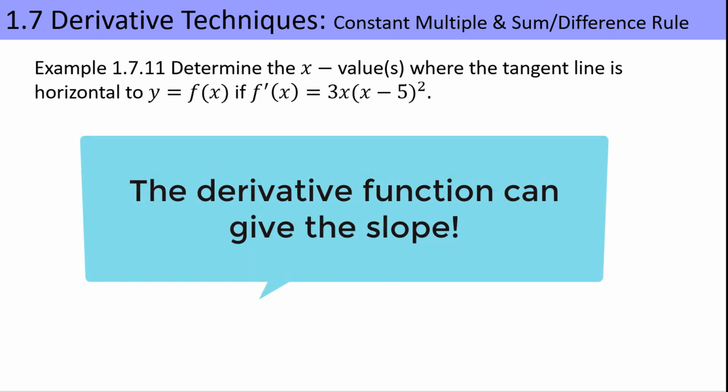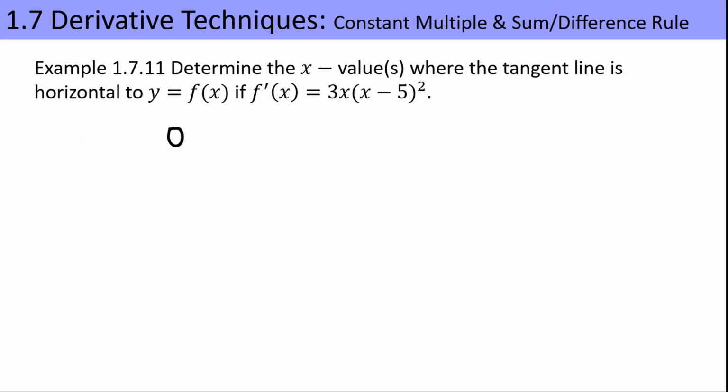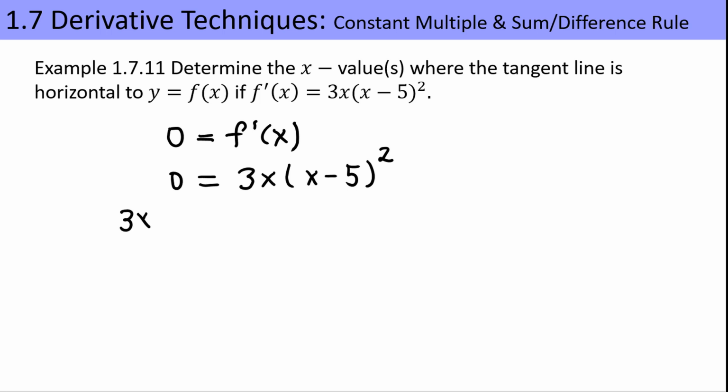Now let's put that together with the derivative function gives us the slope. So what we are solving for is where the function f prime of x, that's the derivative, is equal to 0. Then we have 0 is equal to 3x times the quantity x minus 5 squared. Using the zero product property, we have 3x equals 0 and x minus 5 quantity squared equals 0.